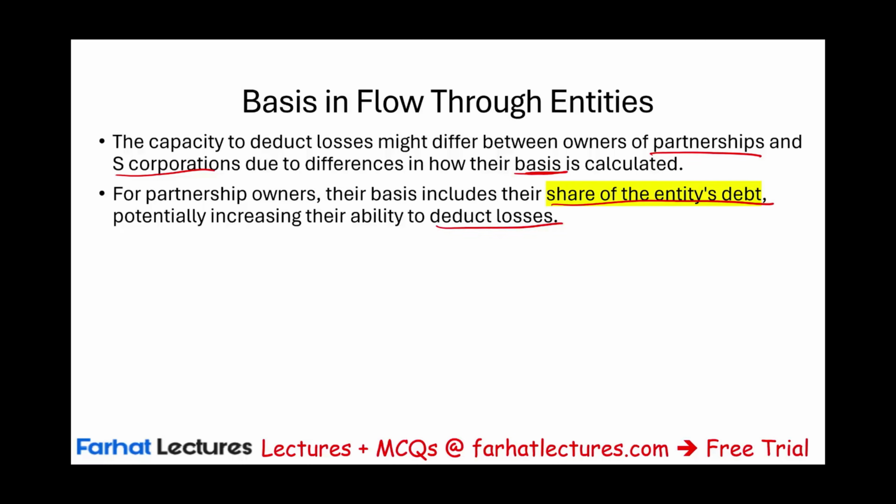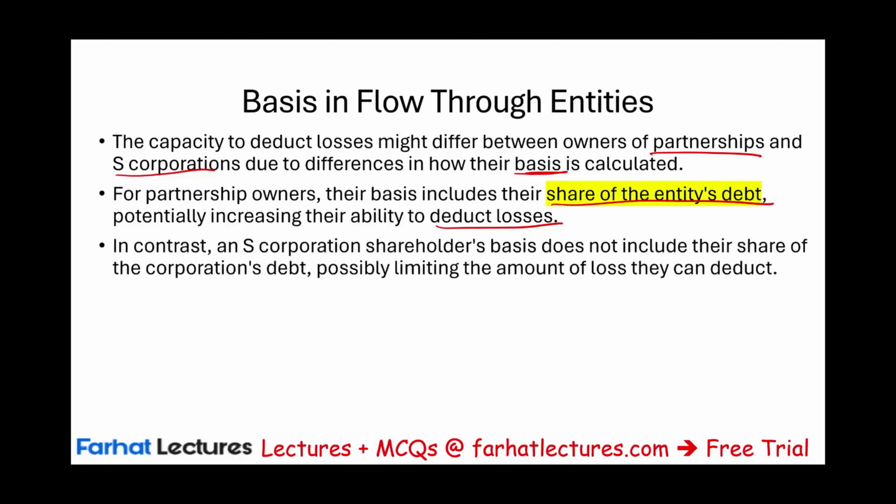This is in contrast to an S corporation. S corporation basis does not include the corporate debt. So this is why you also have to dive deeper into flow-through entities. They're not all the same, because you cannot use the debt of the corporation to increase your basis. You are limiting your basis, which in turn limits your losses.